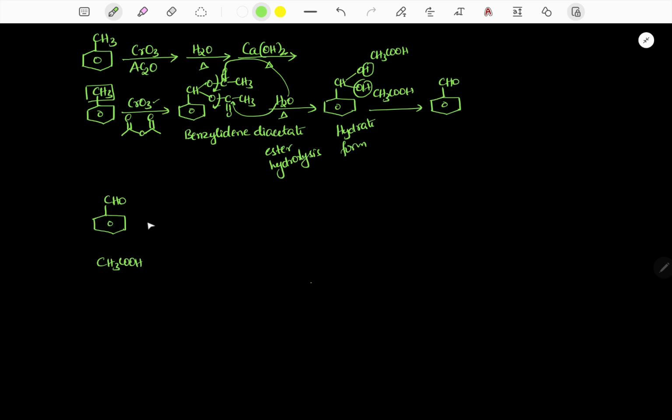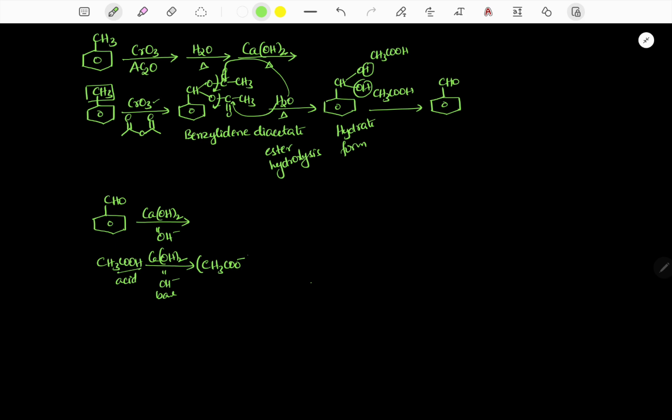Both are organic compounds. Now we are adding calcium hydroxide, that means simply OH minus. When we add calcium hydroxide to the carboxylic acid, it is an acid and it is a base, therefore an acid-base reaction takes place.